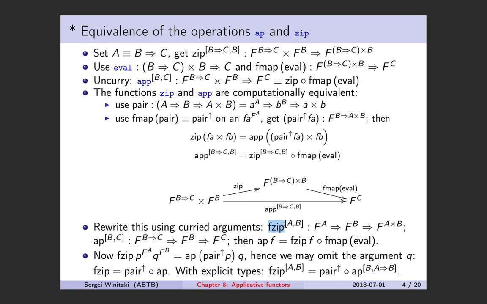So I just call this fzip where it's curried, and then fzip pq is that, and it's exactly the same, except we don't need to do the tupling of arguments. We just need to give the arguments one by one. And now we see that this function takes this argument, and this function also takes that argument. And so we can carry that away. We can omit the argument q, and we can write it like this.